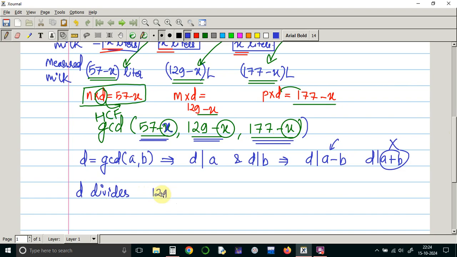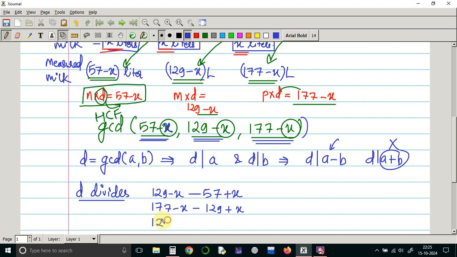So 129 minus x minus (57 minus x), d divides 177 minus x minus (129 minus x). If I open the bracket, this will be plus.